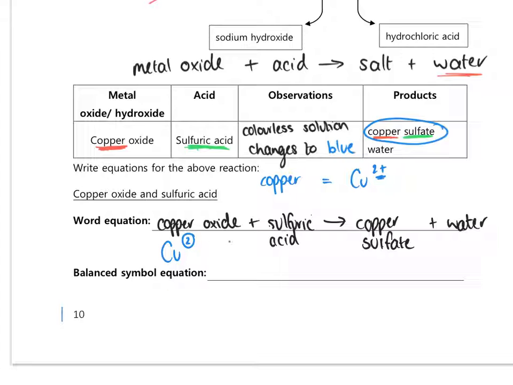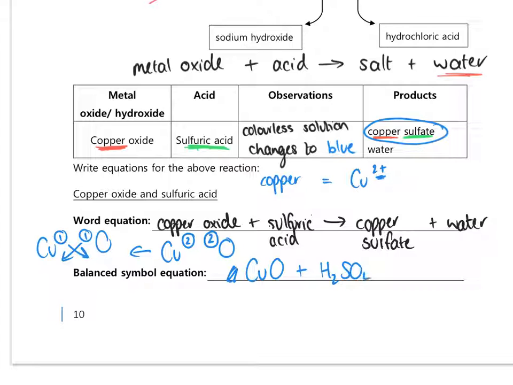We then have oxide, copper oxide. Oxygen is in group 6, and so its valency is 2 also. So that can cancel down to 1 to 1. So the formula of my copper oxide is simply CuO. Sulfuric acid, as we discussed before, is H2SO4.